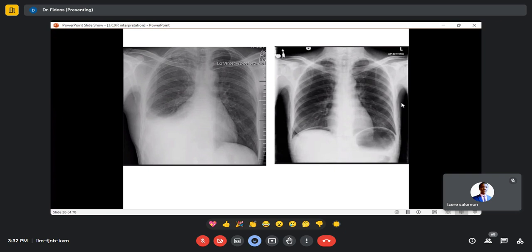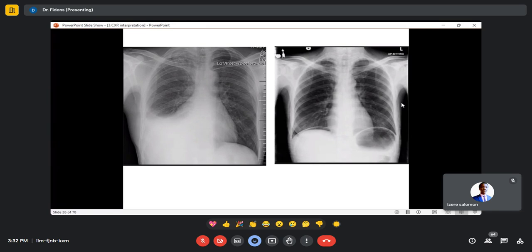So let us try to interpret then. What are we seeing as an abnormality here? There is air under the diaphragm. But listen, the reason why I'm putting in these images is that I want you to know how to look at the image systematically.